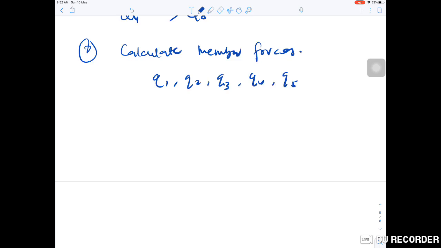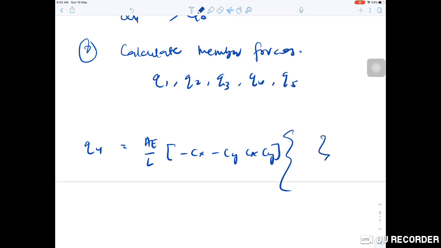Using the formula, I want to show how we determine the member forces. One member force is enough. I want to determine q4, the member force in element 4. It is AE over L times negative CX, negative CY, CX, CY. This is the formula, times the displacement.